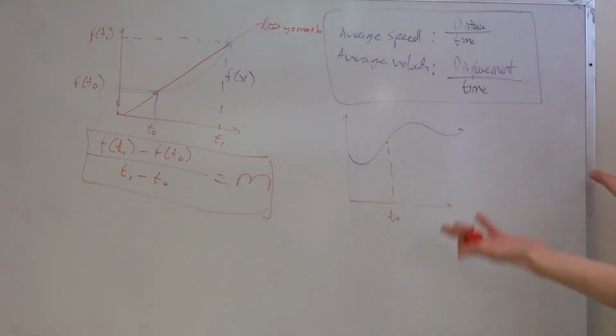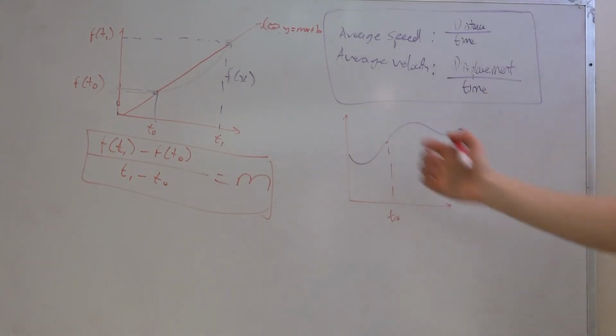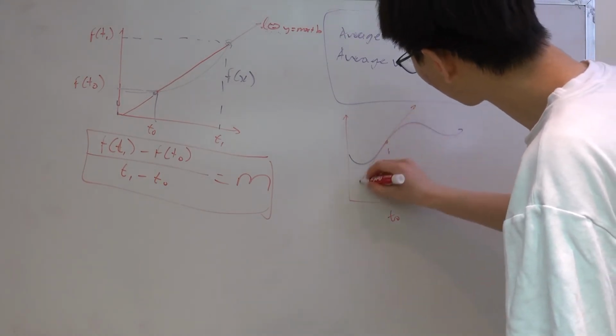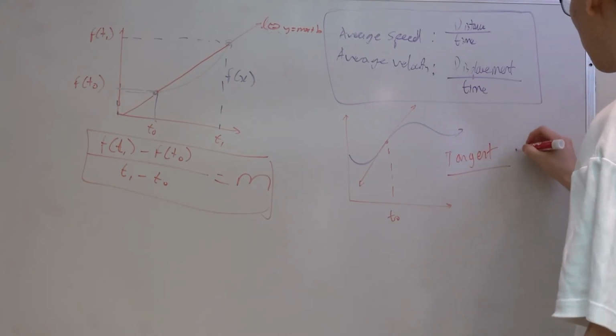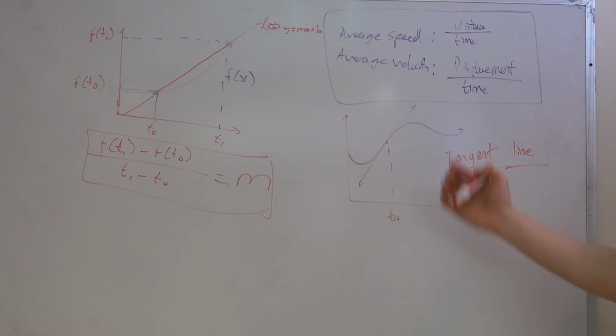But there's no slope. To get a line you need 2 points, and I only see 1 point. Well, that's exactly the idea. I'm going to draw something called a tangent line. Perhaps you've heard of this term before, used to describe tangents to a circle or tangents to a plane. But here we're going to use it in relation with a function.